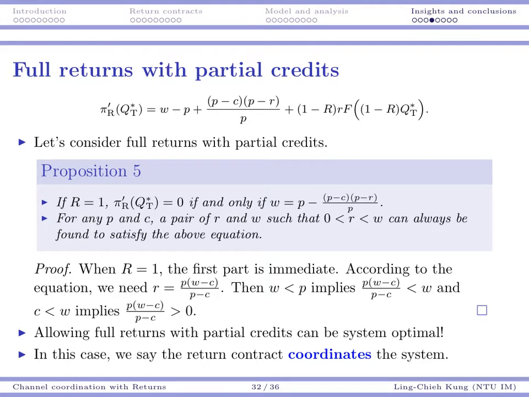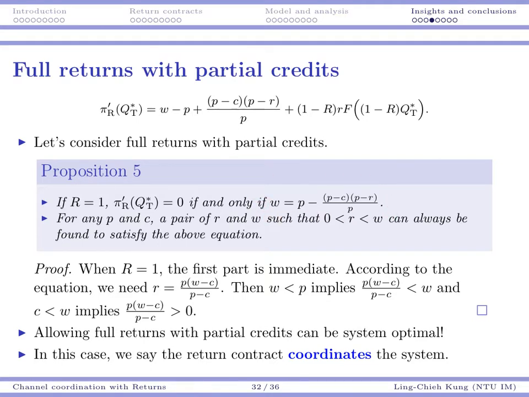Then we want to ask whether this is possible. For any p and c, can r and w such that this constraint is satisfied also be found to satisfy this system optimality equation? Basically that just means you may find r and w to satisfy this equation.